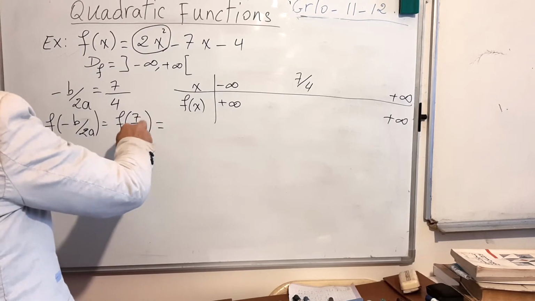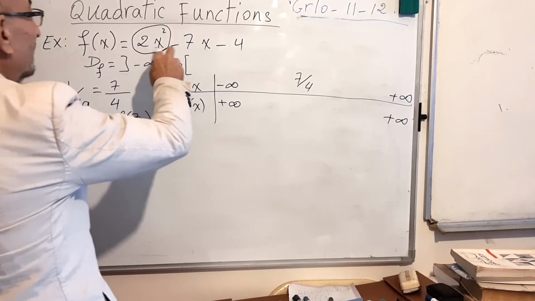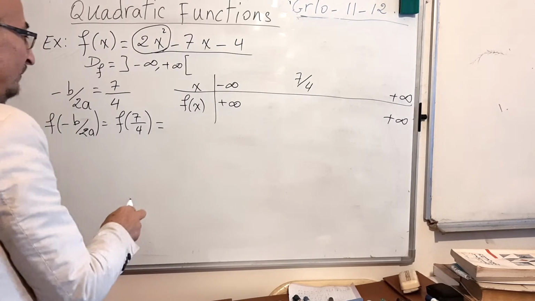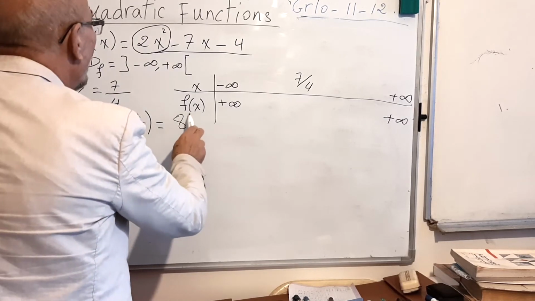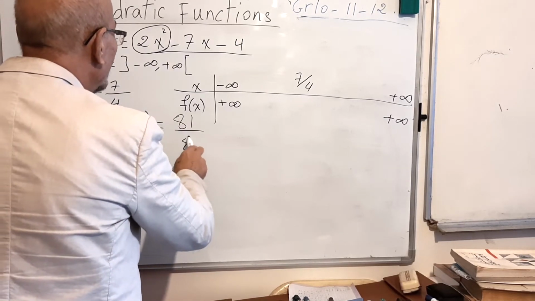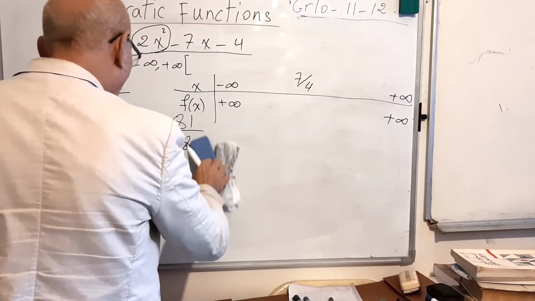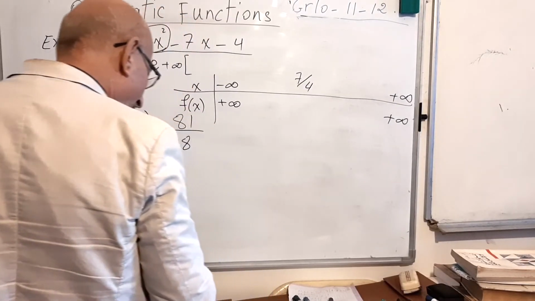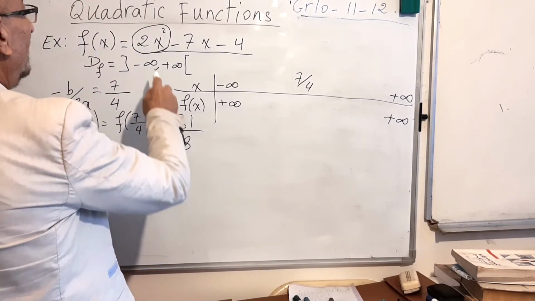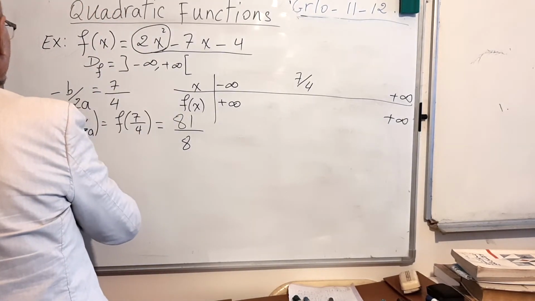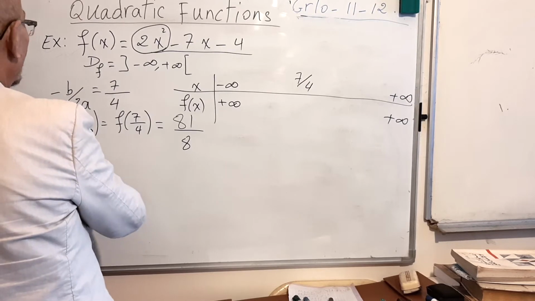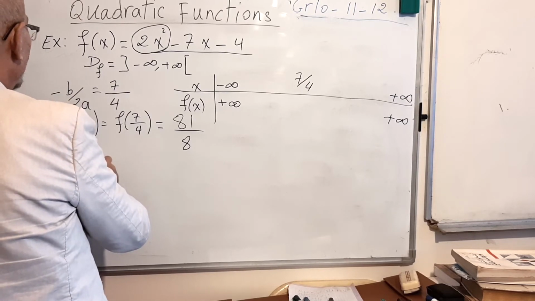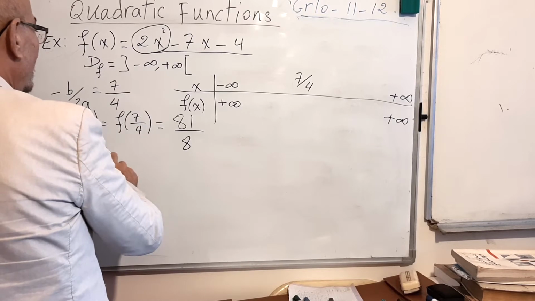We substitute x by 7 over 4 in f of x and we obtain 81 over 8. A is positive, then this is a least value.